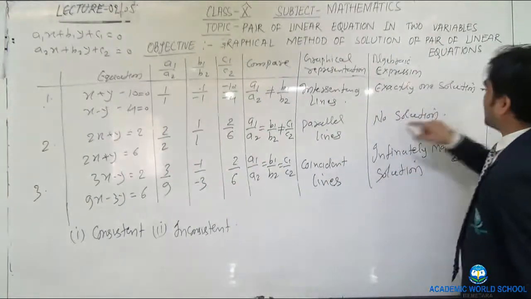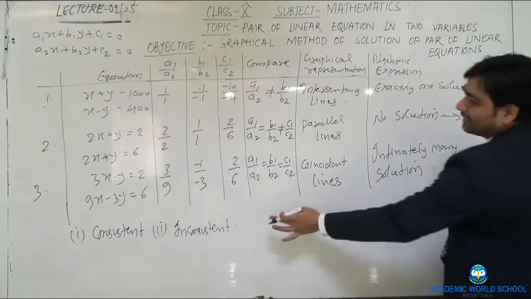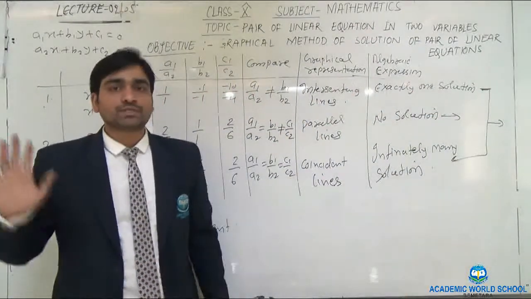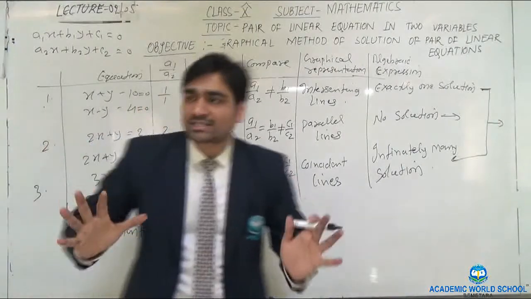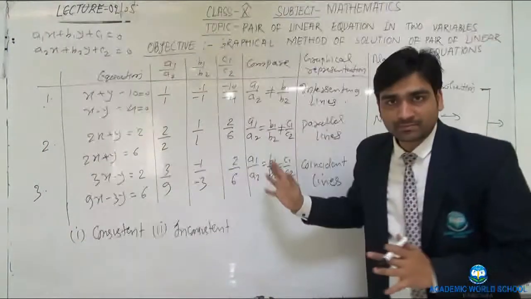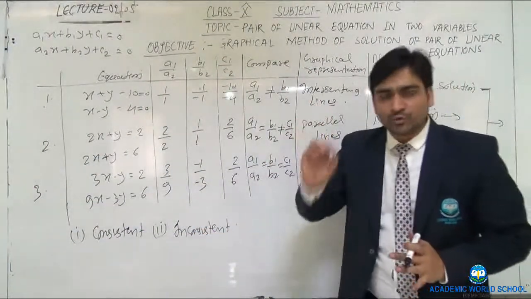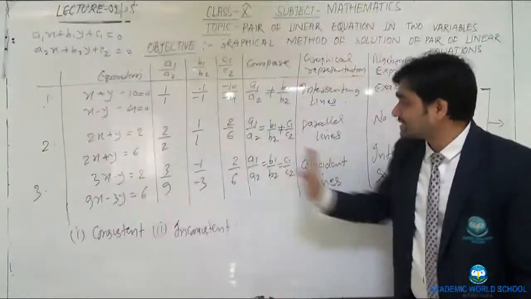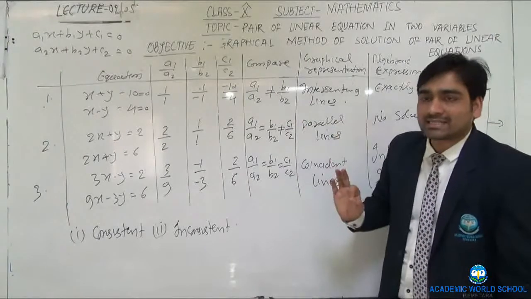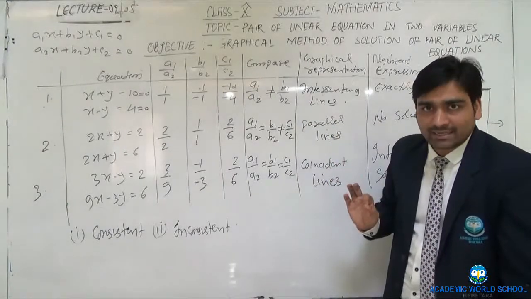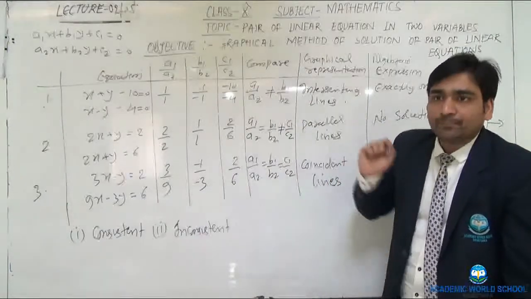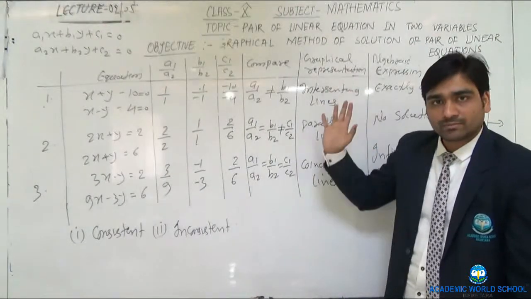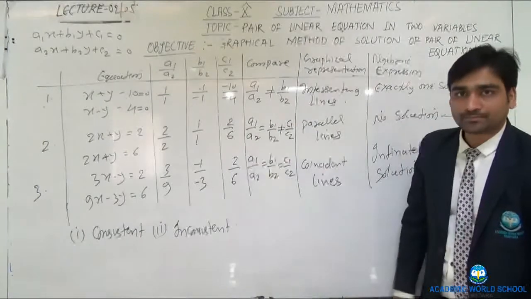So the second part, no solution, comes under an inconsistent system of pair of linear equations. Now how do questions come related to this part? I will explain a few examples so it will be easy. But you have to know this condition: consistent, inconsistent, no solution, many solutions, or exactly one solution. Everyone note it down.